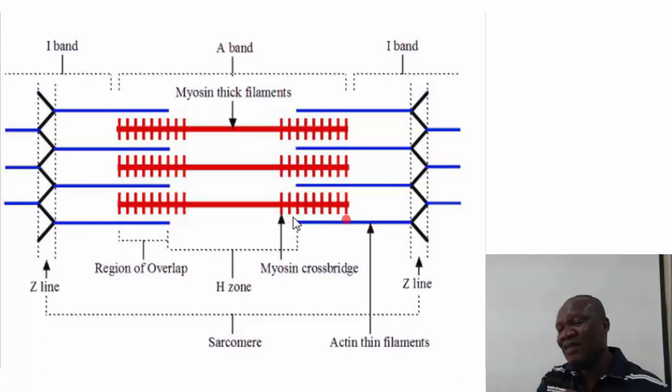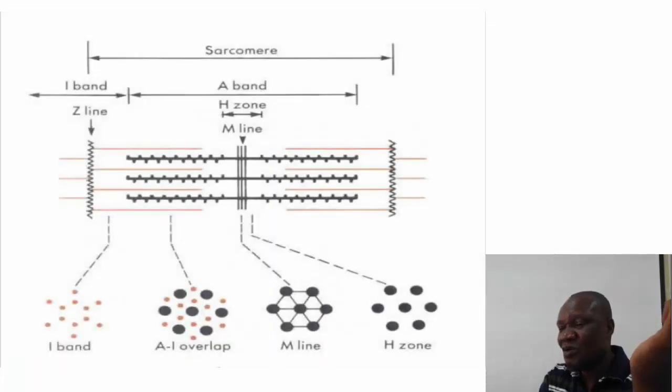Now, in the H zone, there is a thick line called the M line. The M line is protein that holds the adjacent thick filaments together.